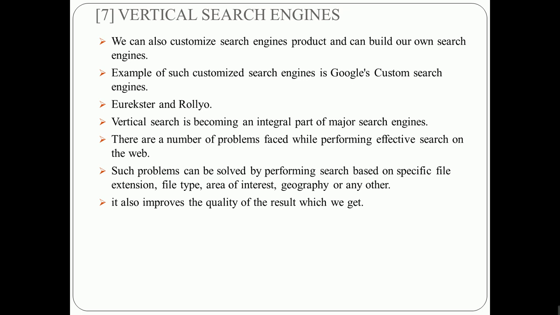There are a number of problems faced while performing an effective search on the web. Such problems can be solved by searching based on specific file extension, file type, area of interest, geography and other things. So these problems may be solved by vertical search. It also improves the quality of the results we get.